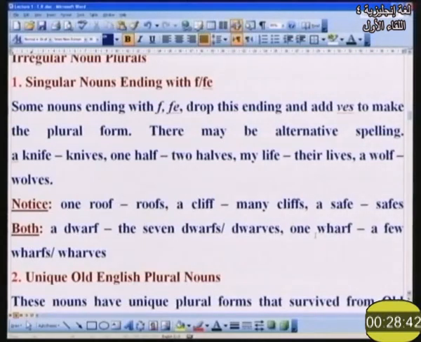Some of them, like a knife, knives. A half, halves. My life, their lives. A wolf, and then wolves. Another word that is like this, a wife, and then you have the plural wives. Okay?